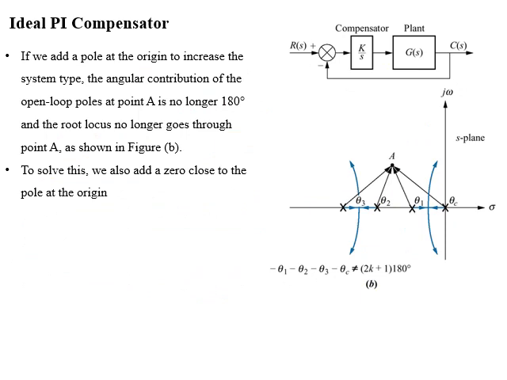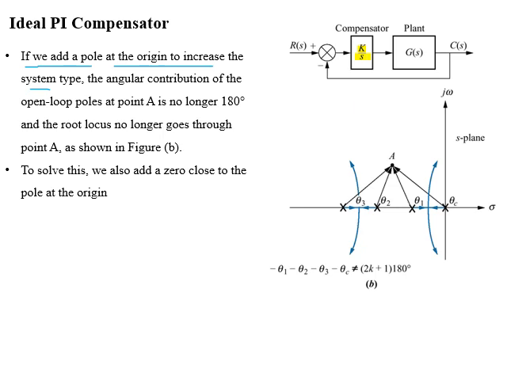Students, now to improve the steady state error to 0, we will add a pure integrator, or pole at the origin, and with this the system type will be increased.